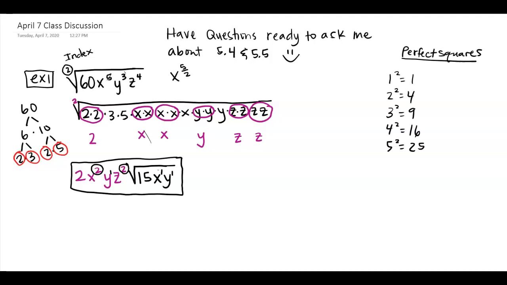You're just dividing the exponents, because we're thinking of how many groups of 2 we are making. I've got 2 groups with 1 left over for my x's, 1 group of y's with 1 left over, and with my z's, I've got 2 groups that get to come out with no remainder.